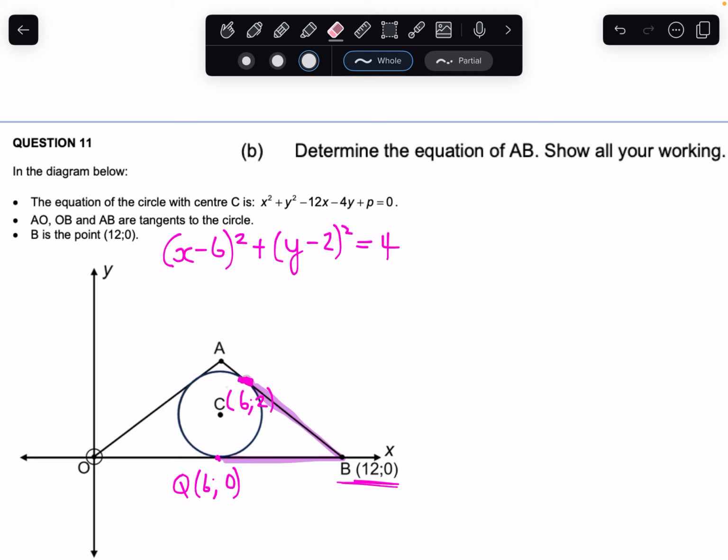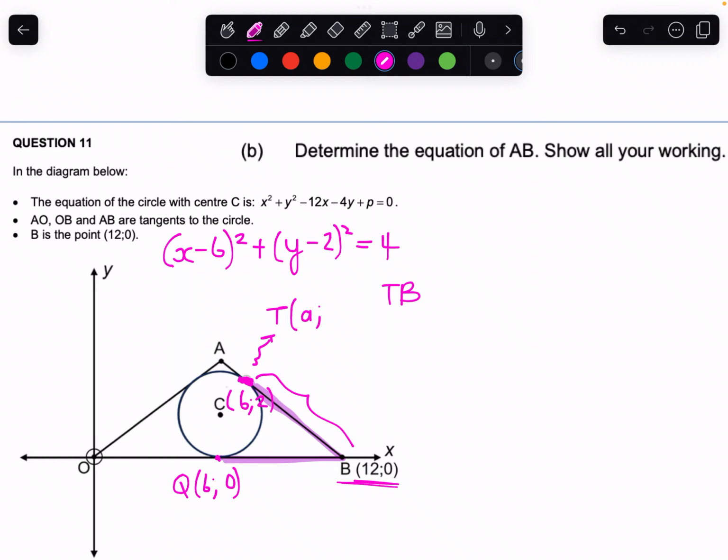Okay, so let's see. I want to write an expression for this distance, so let's just temporarily call this T. So TB, and let's say its coordinates are A and B. So TB will be equal to the square root of 12 minus A squared plus B minus 0 squared.